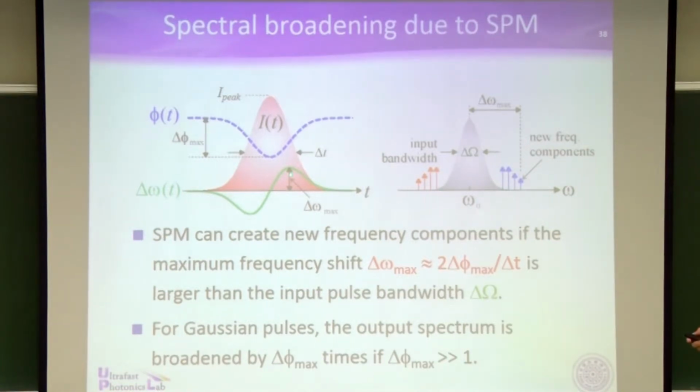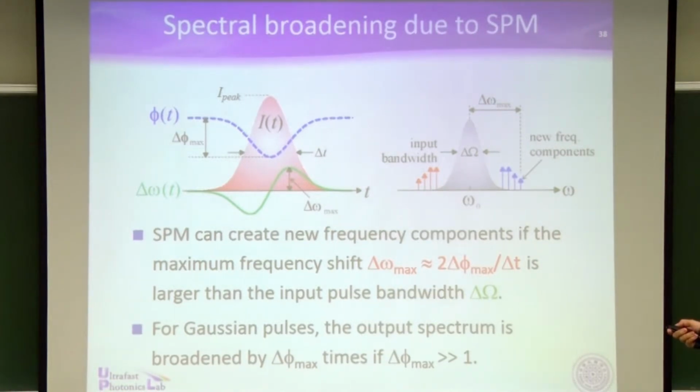And for these two instants, maybe here it has a phase, and another instant has a phase here. And if the phase difference is 0, 2 pi, 4 pi, and so forth, what do you have? Constructive interference. Then that delta omega, corresponding to here, is enhanced.